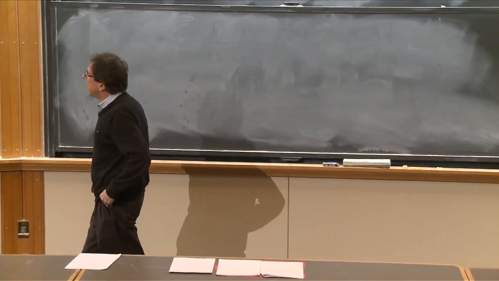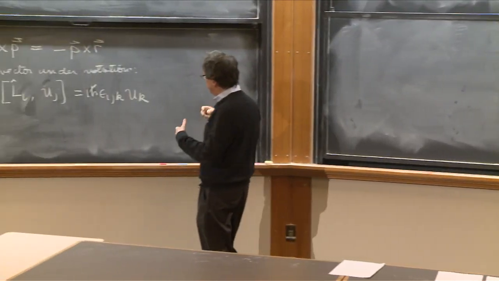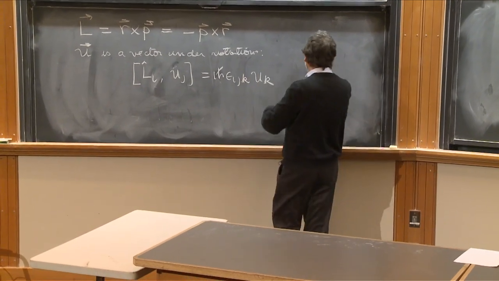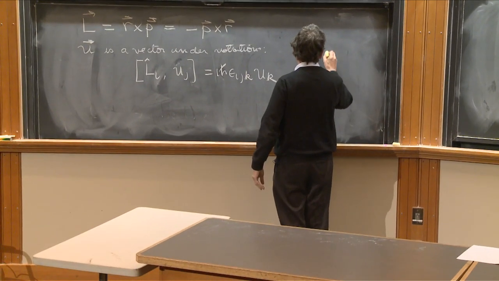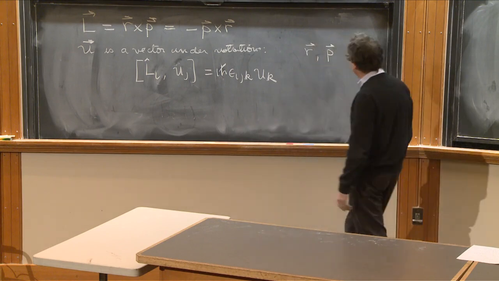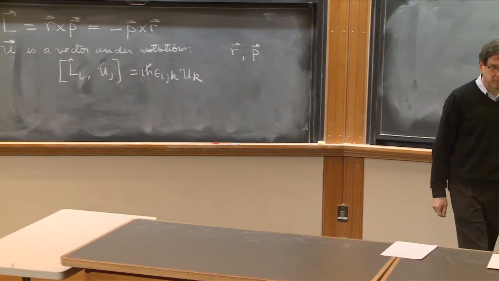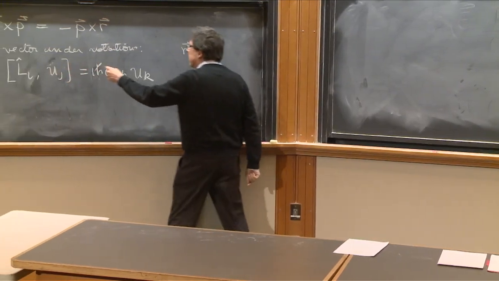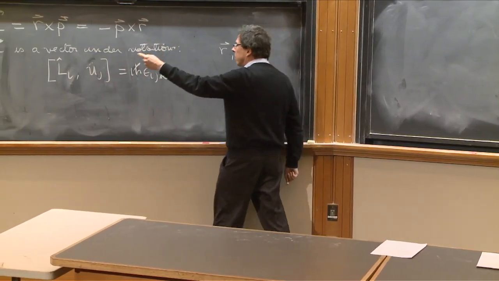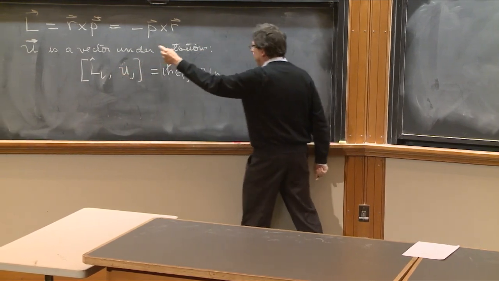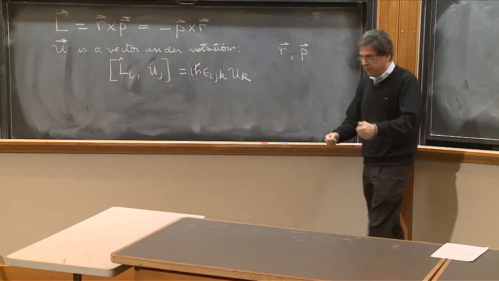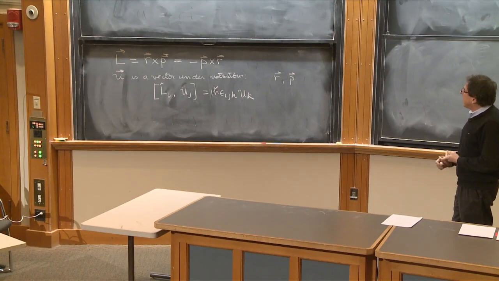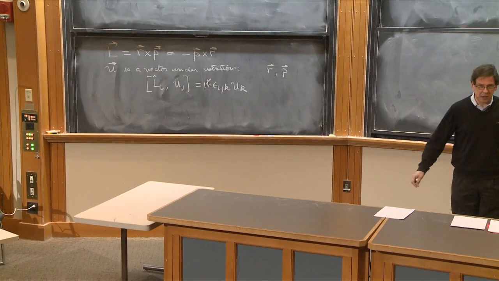In the homework you've been verifying that R and P are vectors under rotations. That is, if you put xj here, you get this thing with xk. If you put pj here, you get this thing with pk, if you compute the commutator. So R and P are vectors under rotations.